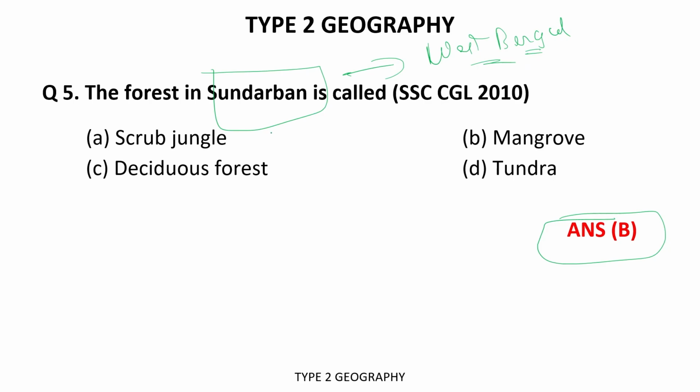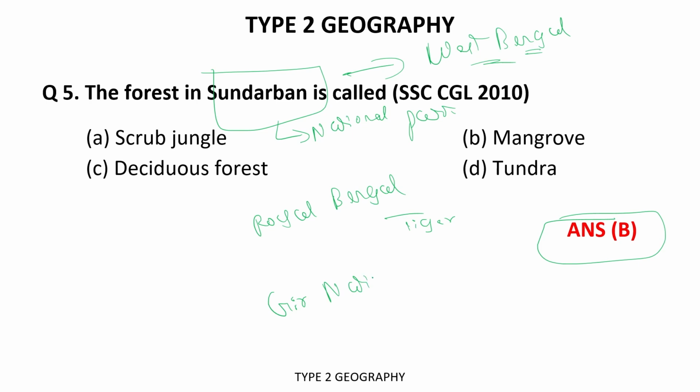It is also a national park area, if you remember. Which animal is it famous for? Royal Bengal tiger. Similarly, there is Gir National Park, which lies in which state? Gujarat.